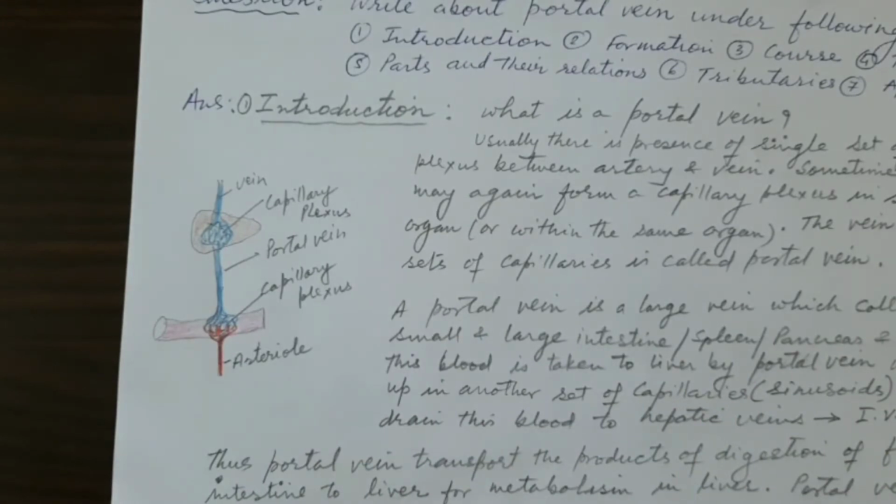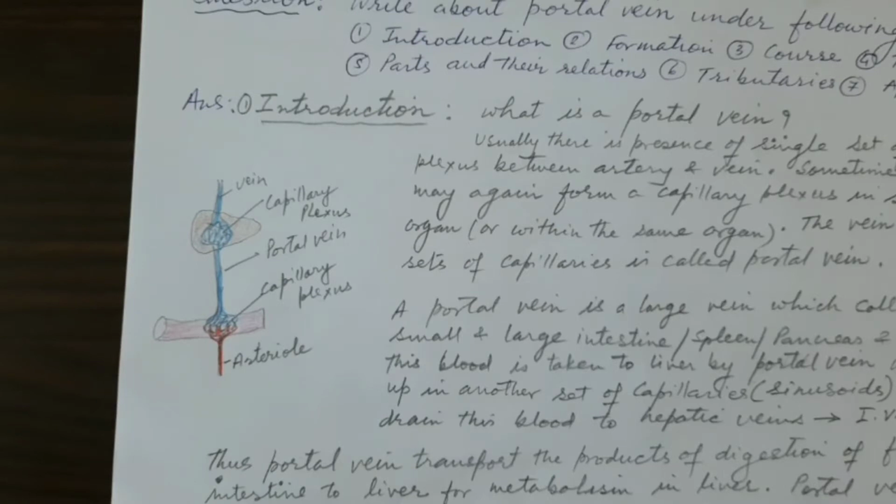Now in case of our portal vein, it is a large vein in the abdominal cavity which collects the blood from the small and large intestine. Most of the small intestine blood is collected by the superior mesenteric vein, and the large intestine blood is collected by the inferior mesenteric vein.